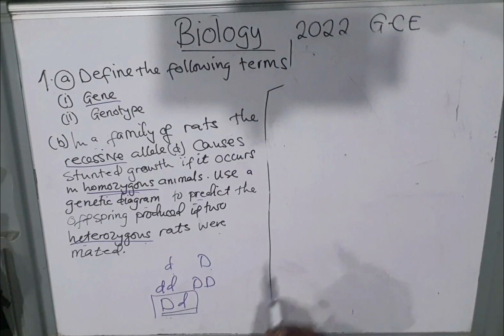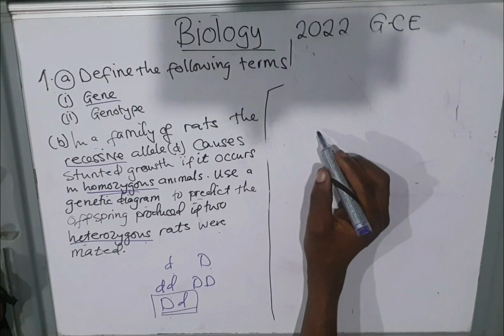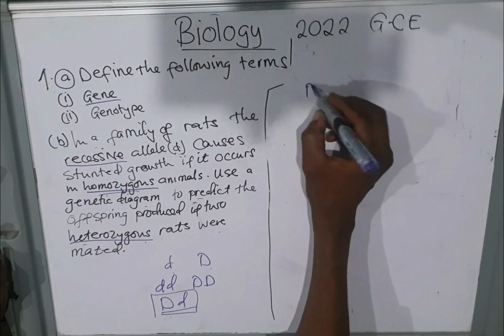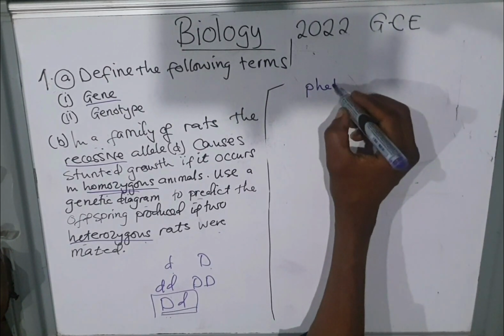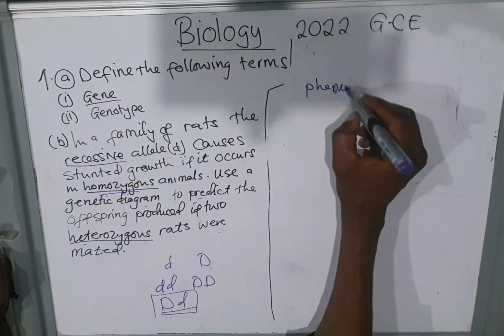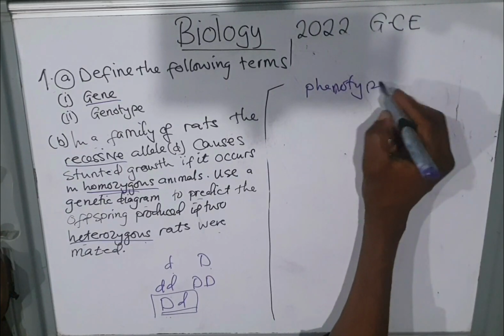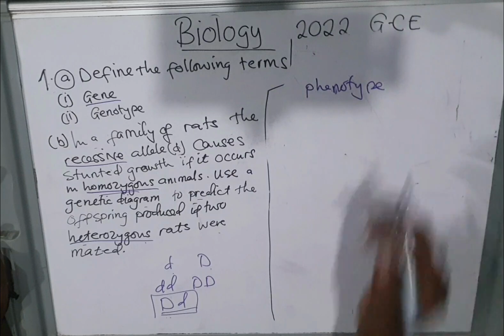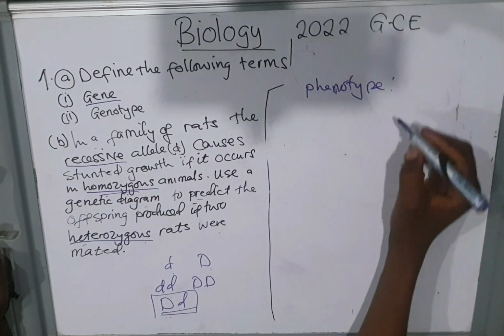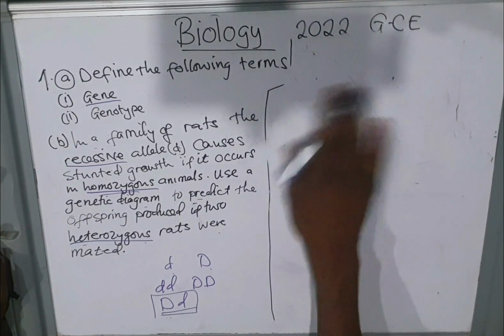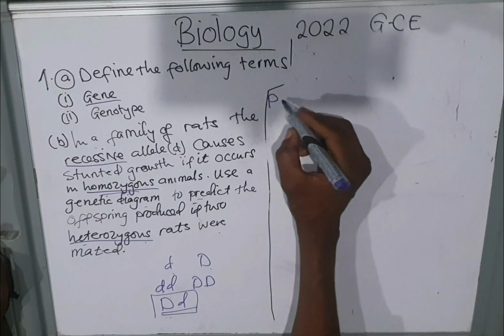To draw this genetic diagram, you write first the phenotype of the parents. Start by writing the phenotype. I need to write here, so that you have enough space.